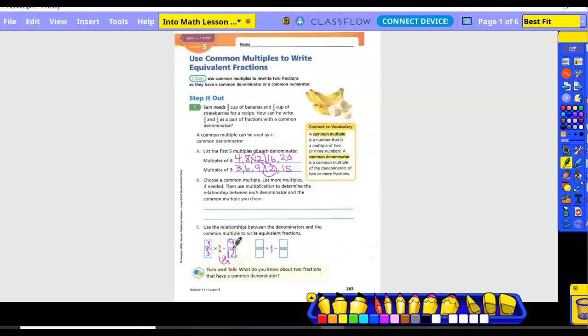Okay, now what is our common denominator, 12, right? So how did I get from 3 to 12? Times 4. So what I do on the bottom, I also do on the top. So 4 times 2 is what? 8. Okay, so 3/4 would be equal to 9/12, right? And 2/3 would be equal to 8/12.